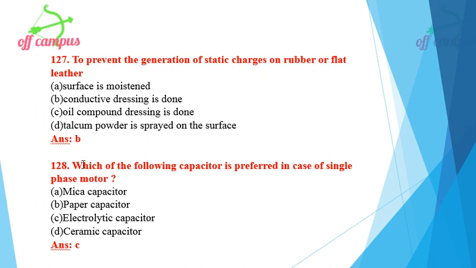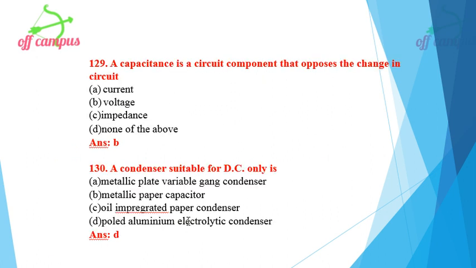Then 128, which of the following capacitors is preferred in case of a single phase motor? Mica capacitor, paper capacitor, electrolytic capacitor, ceramic capacitor. In case of a single phase motor, option C, electrolytic capacitor is the right option. Then question number 129.